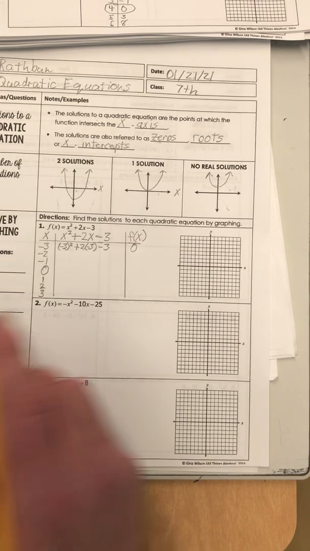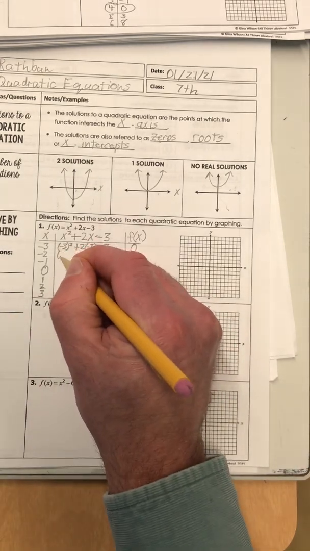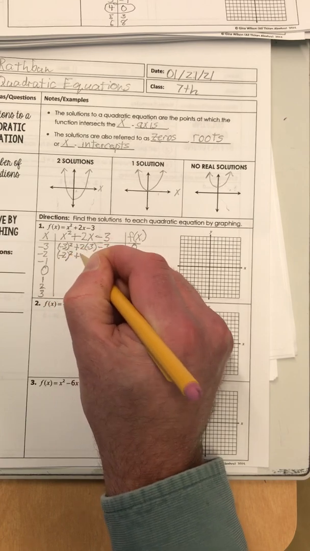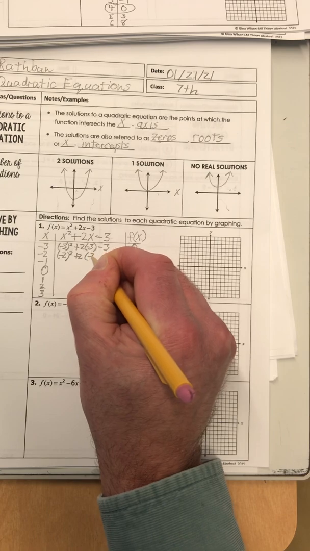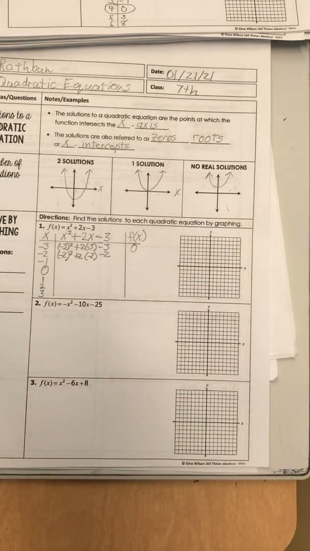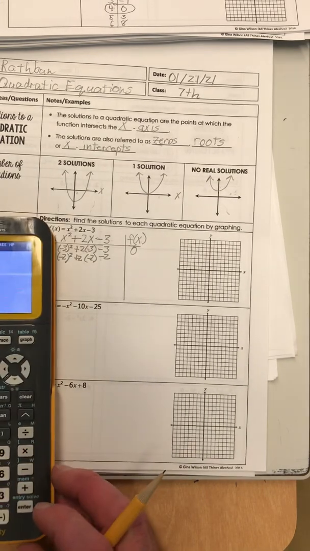All right, so the next one, -2 squared plus 2 times -2 minus 2. Okay, so let's see.